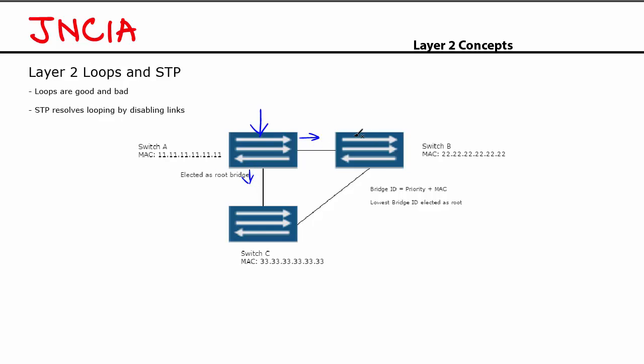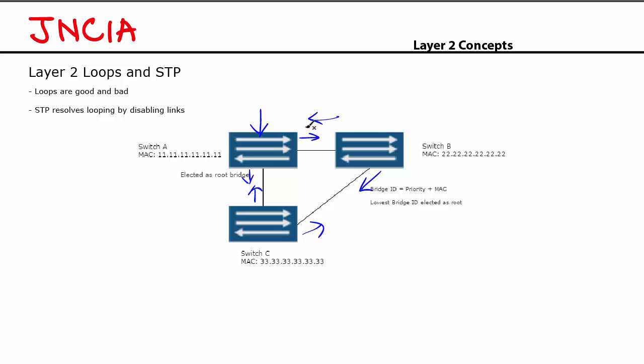Now switch B received the broadcast from switch A, and that broadcast will be forwarded on this port. Switch C will forward the broadcast received from switch A on this port. Now the broadcast that switch B sent to switch C was received on this port and it will be forwarded on this port. The broadcast that switch B received from switch C was on this port, and now it will forward it out this port.